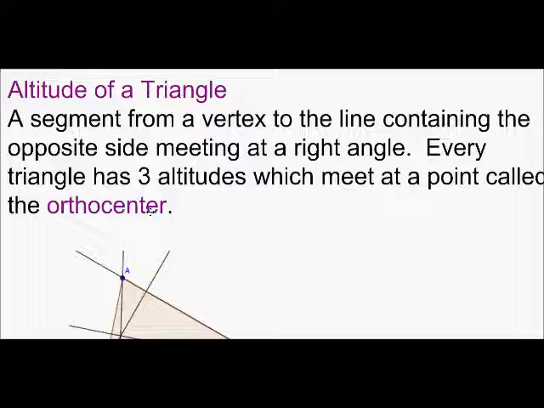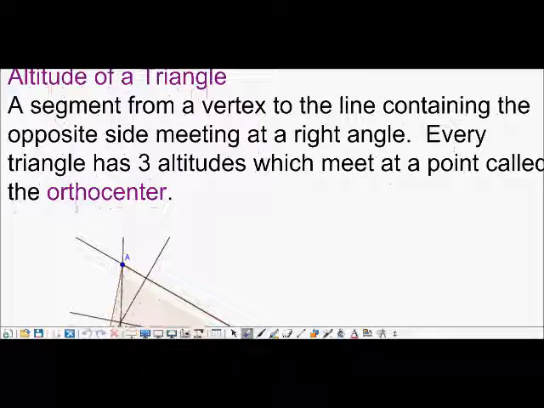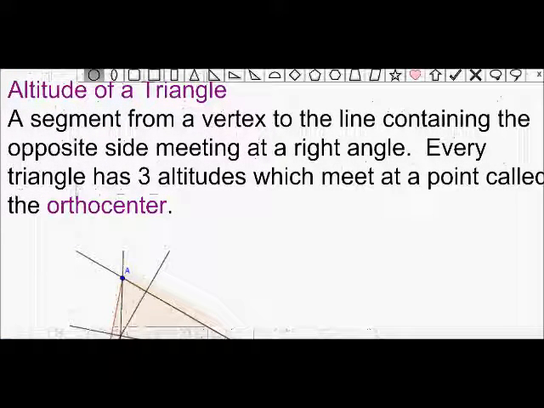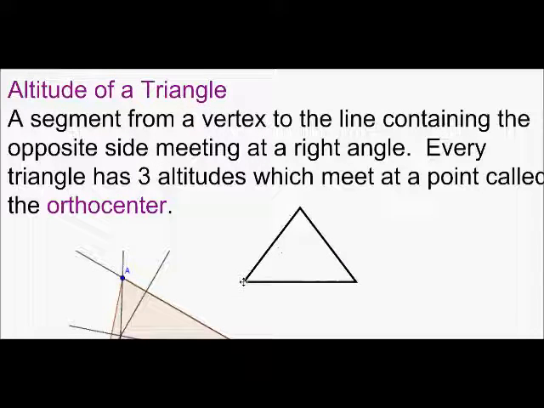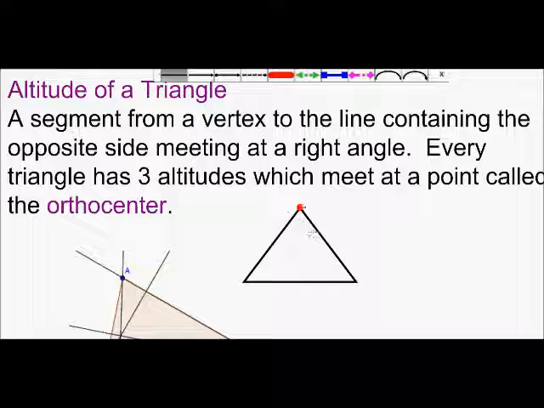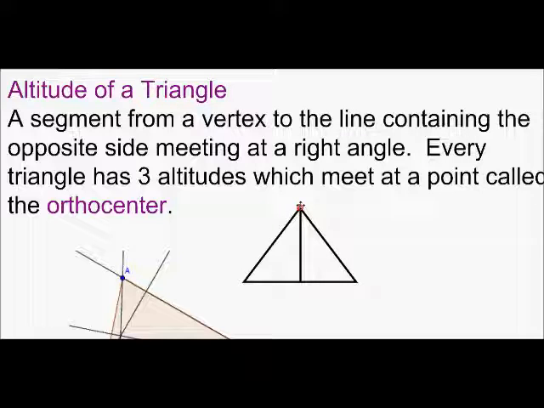Just to draw you a quick sketch, if we have a triangle such as this one, the altitude will go from the vertex to the opposite side, but it's going to meet that opposite side at a right angle. In this case, that's pretty easy, that's the height.